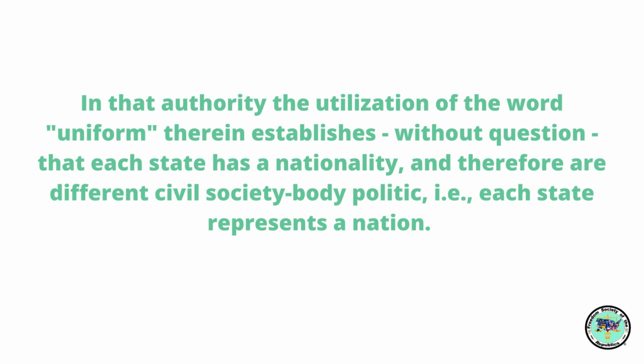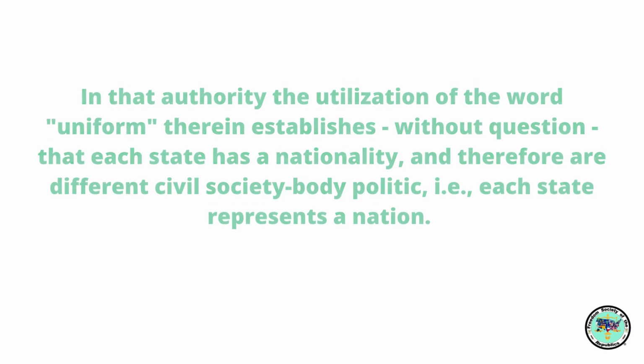And the utilization of the word "uniform" therein establishes without question that each state has a nationality and therefore are different civil society body politic, i.e., each state represents a nation. The communist schools didn't teach us that stuff.